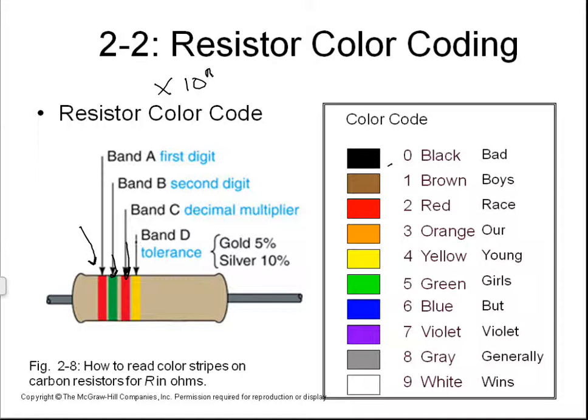The third or the fourth band is your tolerance band. Now with carbon resistors, you're going to find gold or silver, where gold is 5%, silver is 10%. And that means if it's a 100 ohm resistor and you have a 5% tolerance, then you can be 105 to 95 ohms.